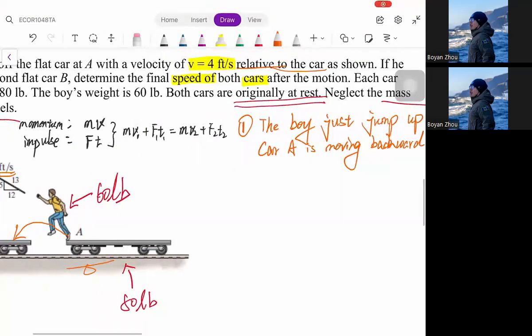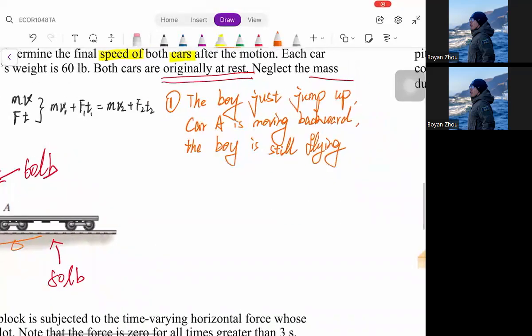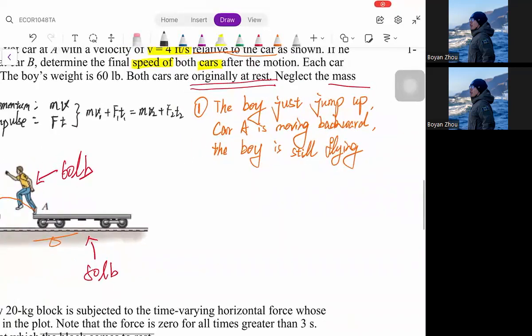The boy is still. That is the first scenario we're considering.